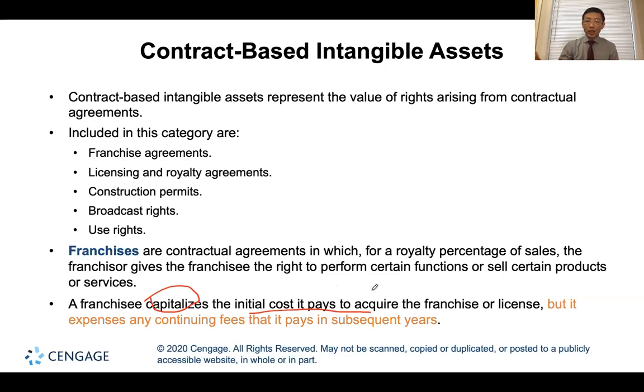But the continuing fees need to go directly to expense. So the general principle is still to capitalize externally acquired intangibles, because we are very sure about the cost. So it's easy to capitalize.